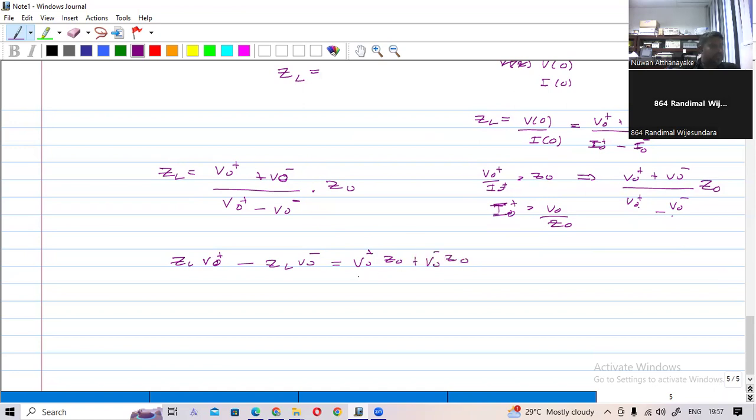Now I want to get V naught plus and V naught minus to one side. So here is ZL V naught plus, and I will take this one, so it will be minus V naught plus Z naught is equal to, I will put this here, so it will be ZL V naught minus.